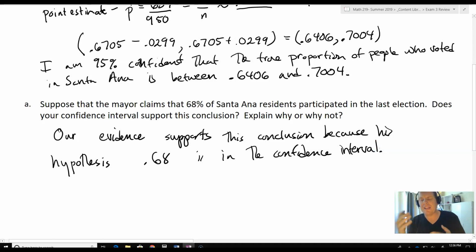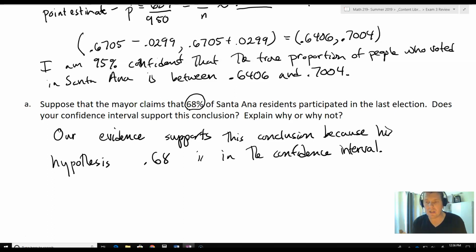So if we're doing, say, for example, hypothesis testing using a confidence interval, if this value right here, 68%, is actually in the interval, then what we're saying is that, yeah, we believe that that's the truth, that 68%, we have evidence for it. Okay, the idea that it's in the interval, right?